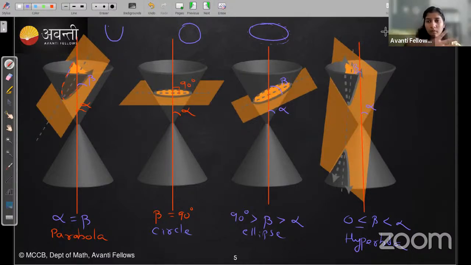When you see the horizontal section view of that, you will get something like this. This is how that conic section will look, and this is known as a hyperbola. And in today's class we will learn about the circle. This will be the hero of our class today.